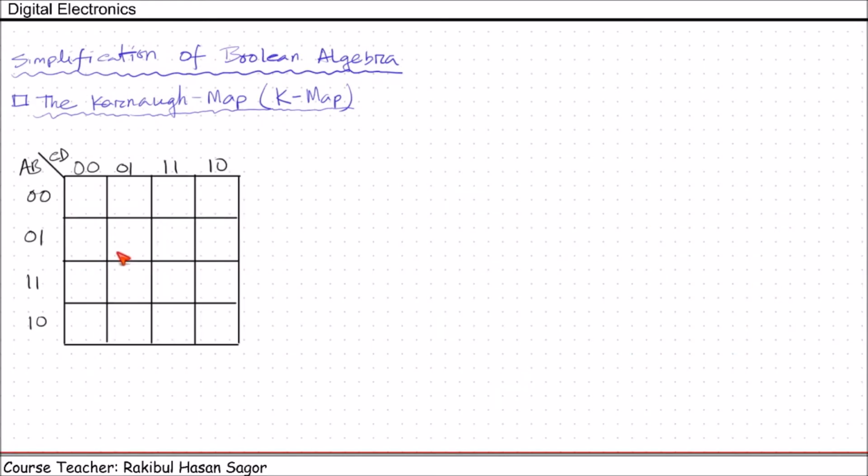Next, we will see the naming of the rectangles containing several adjacent cells. First of all, we know how to name a single cell in terms of product term and in terms of sum term. Suppose you are asked what is the name of this cell, we have a equal to 1, b equal to 0, c equal to 0, d equal to 0. So this has value 1 0 0 0.